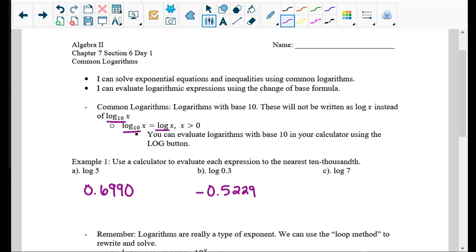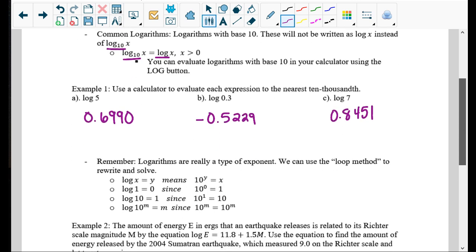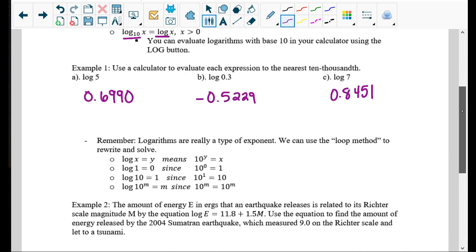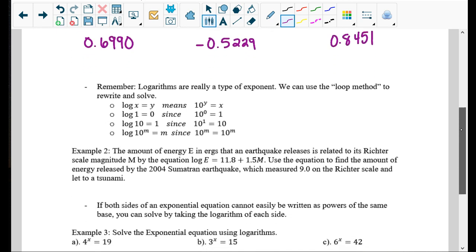And the common log of 7, log base 10 of 7, is 0.8451. Remember, logarithms are just a way to write exponential forms, so we're rewriting those in different forms with exponents.